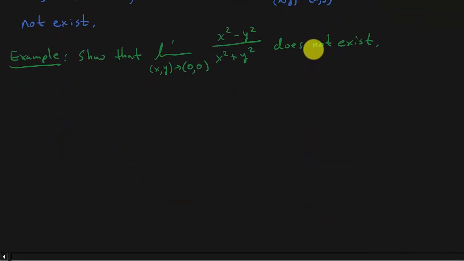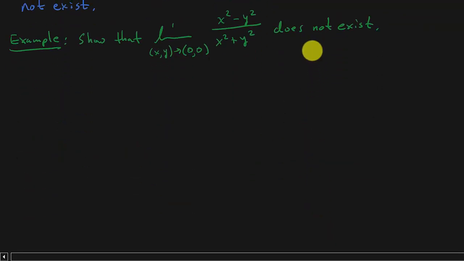Let's look at this example, and I'll explain more about those paths as we work through the examples. We've got the limit of (x squared minus y squared) over (x squared plus y squared) as (x, y) approaches (0, 0), and we want to show that this limit does not exist.